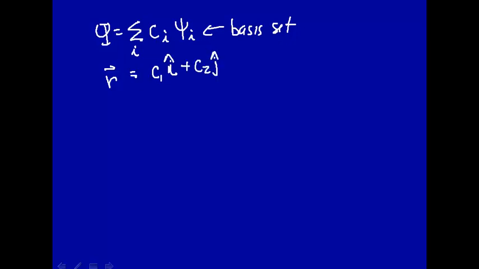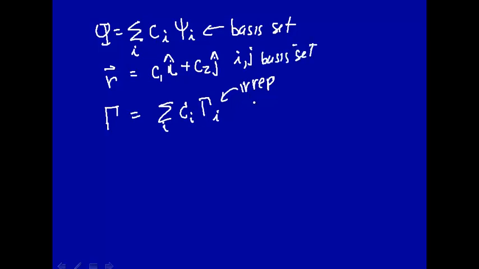So too can we express any representation as a linear sum of irreducible representations. So i and j are a basis set.